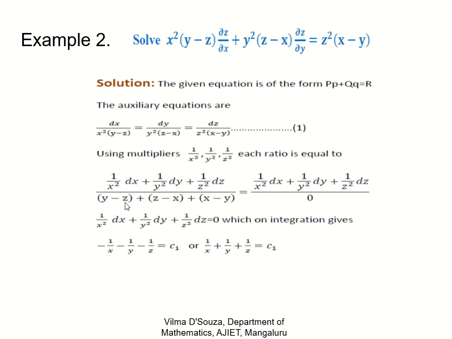So you are left with y minus z plus z minus x plus x minus y in the denominator, and that will give you 0.